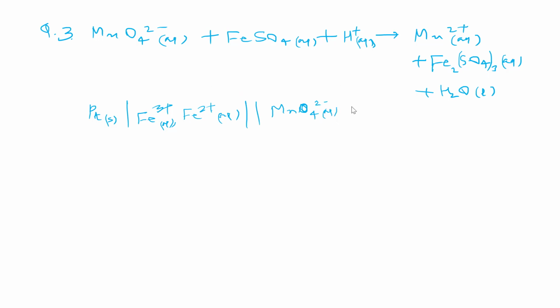So MnO4 2-, and then Mn2+, and platinum solid. As you can see here, we are not mentioning H+ and H2O, or sulfate also, isn't it? So what is the role of these species? The sulfate ion is a spectator ion here. Is the H+ ion taking part or a spectator?